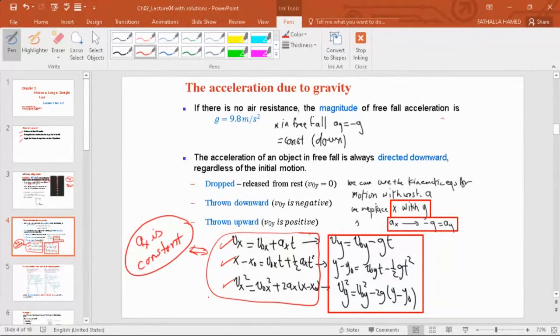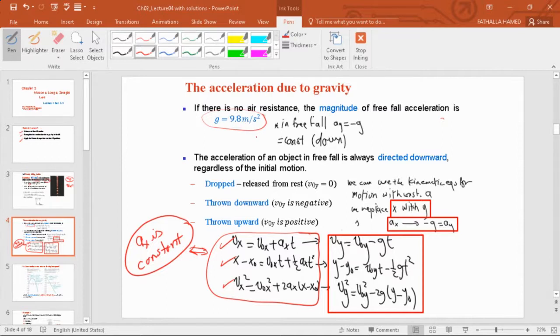Near the surface of the Earth, this acceleration due to gravity can be considered constant, so we can use the equations that we derived under constant acceleration. The magnitude of this acceleration due to gravity is 9.8 meters per second squared.